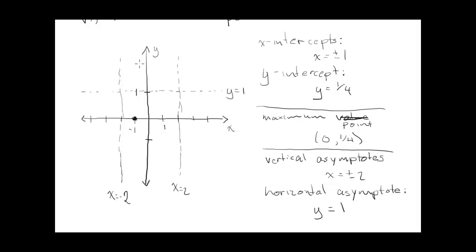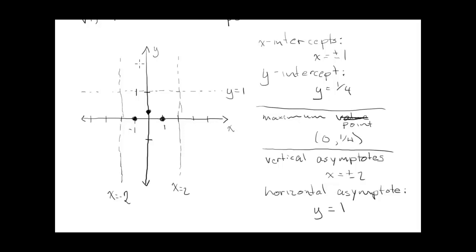And then x equals 1 and minus 1 were x-intercepts. And then y equals 1/4, right about there, was a y-intercept.